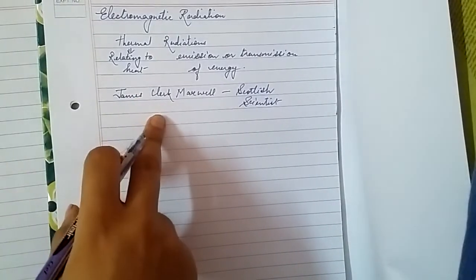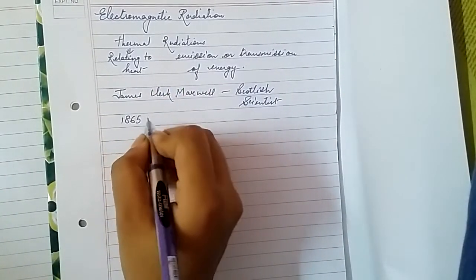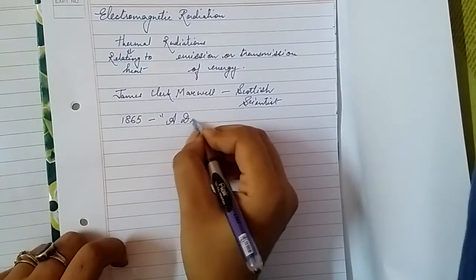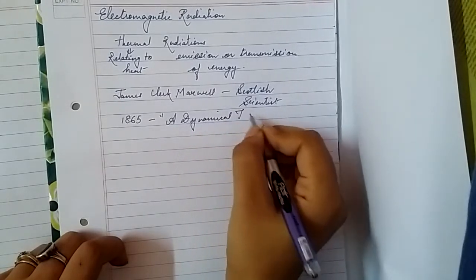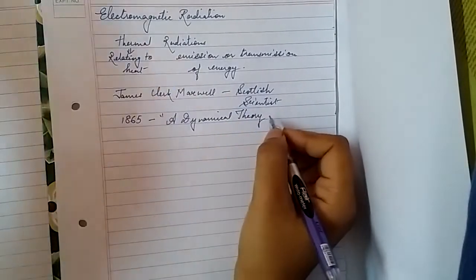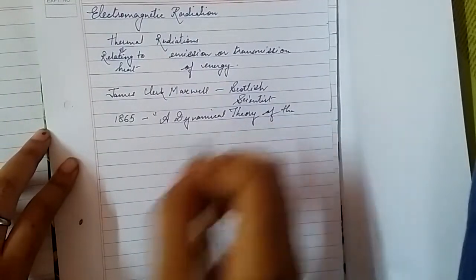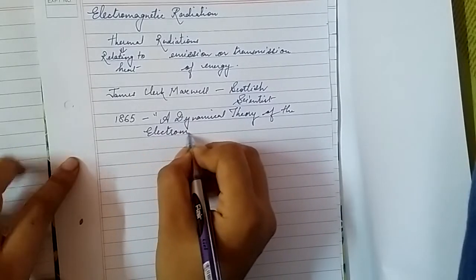So this was the man who in the year 1865 published a dynamical theory of the electromagnetic field.